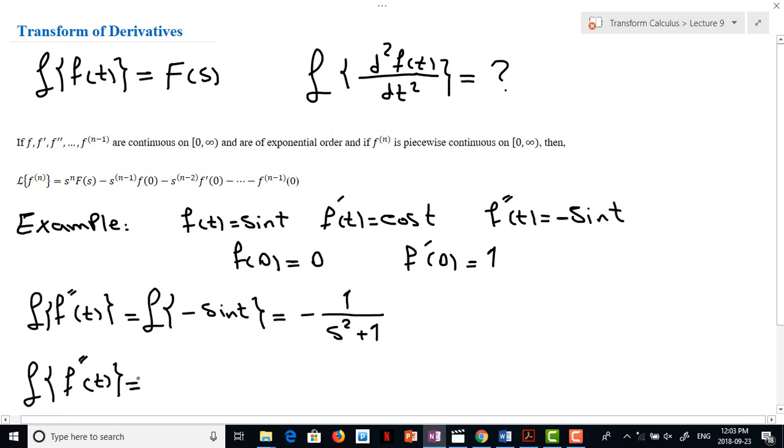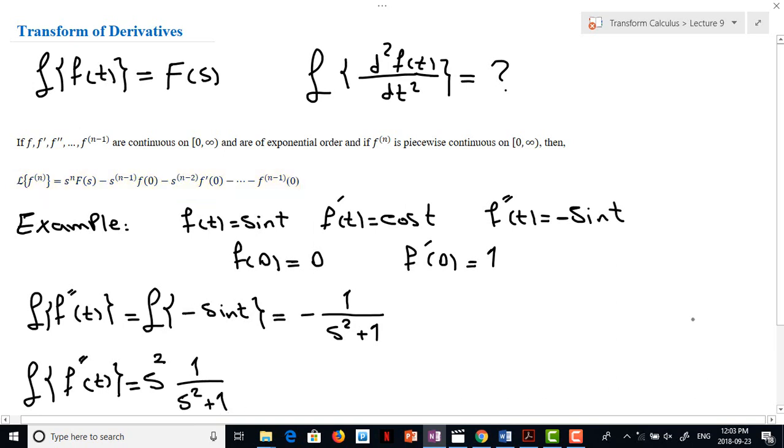it's equal to, based on definition, s to the power of 2 times F(s). So what is F(s)? F(s) is Laplace transform of f, which is Laplace transform of sine t, which is 1 over s squared plus 1.